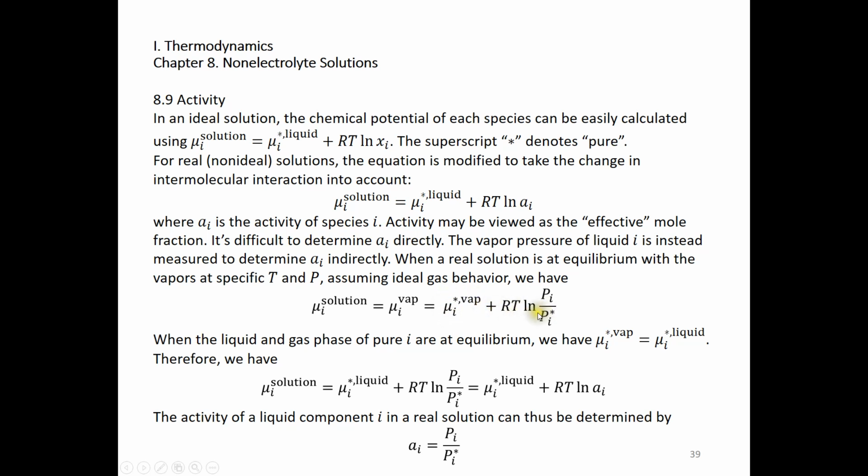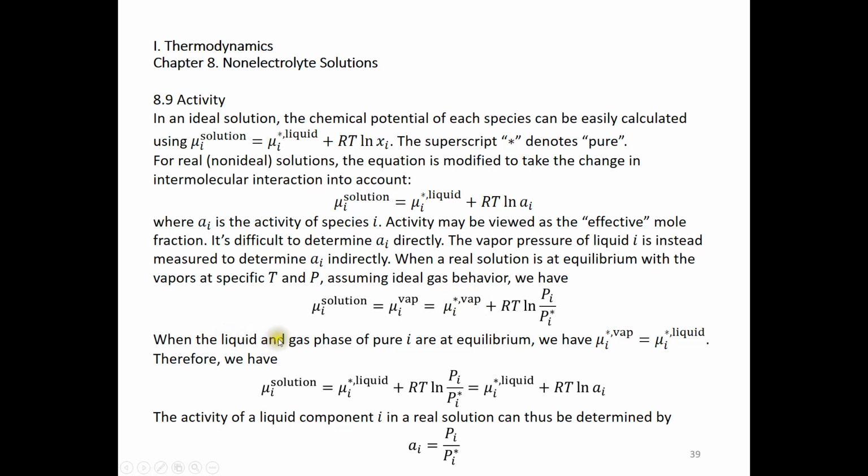The correction is RT times the natural logarithm of Pi over Pi star. Again, Pi star denotes the pressure of pure liquid i. And over here, that's the chemical potential of the gas phase above pure liquid i.